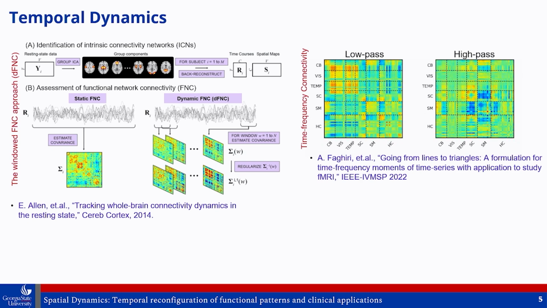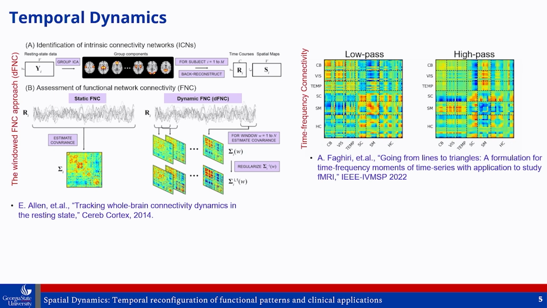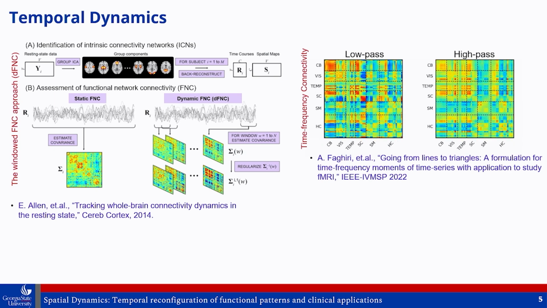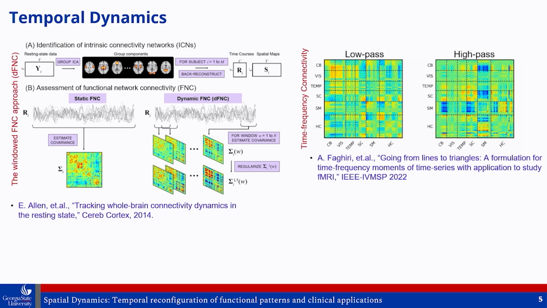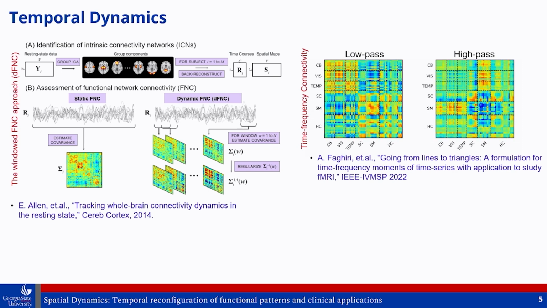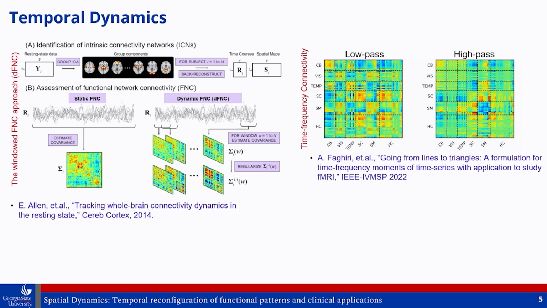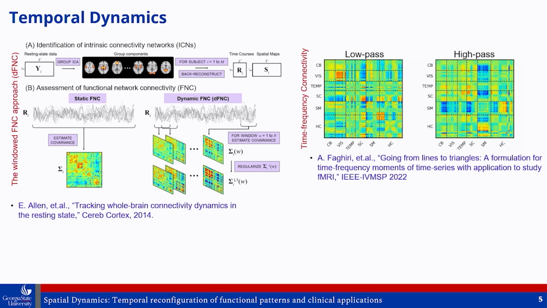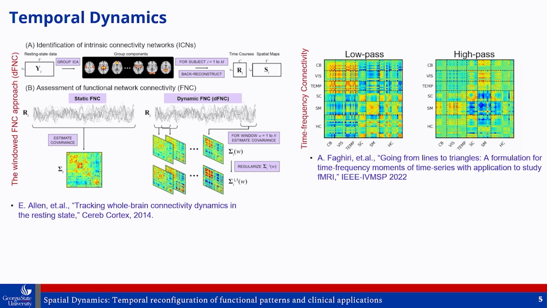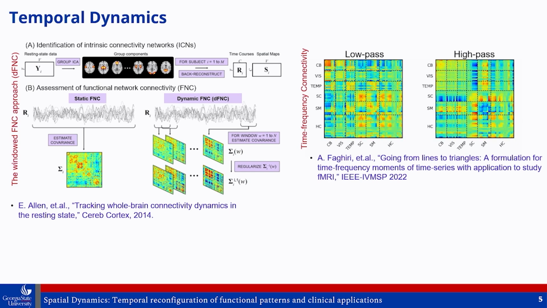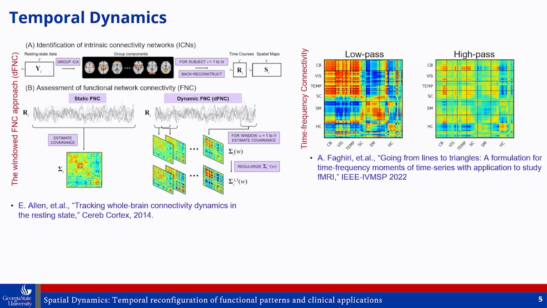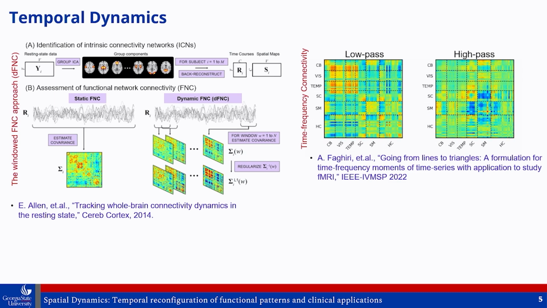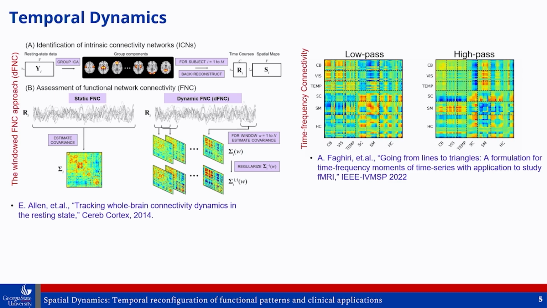We estimate the functional connectivity for the first window, then we shift it and estimate it again, giving us functional connectivity as a function of time. We call these time-varying features that we extract from the temporal pattern of functional sources temporal dynamics. In the figure on the right, I'm showing an actual example from one subject, where we estimate these time-varying patterns using a more recent approach that leverages time-frequency connectivity analysis.